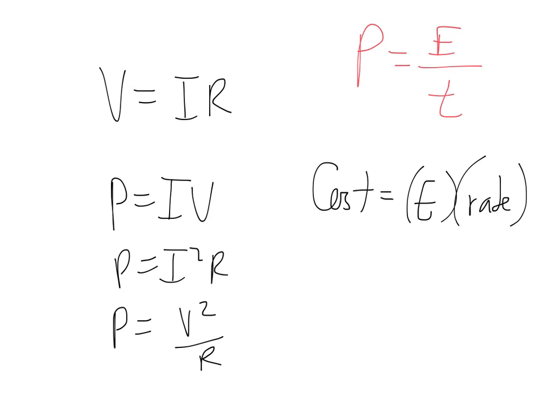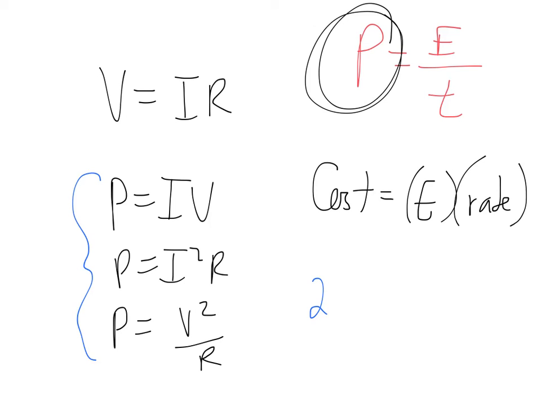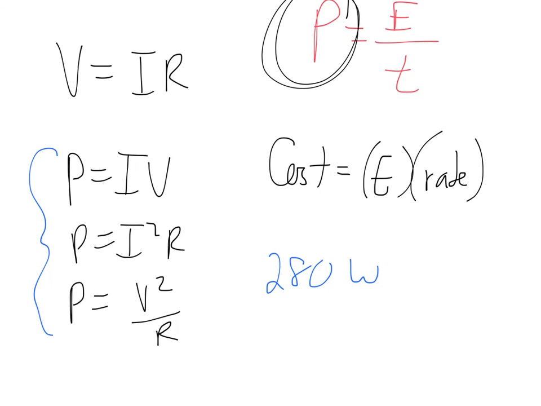All right, let's think about units real quick. If I'm doing a word problem and something is given in watts, power is always given in watts. So you might calculate the power with one of these three formulas. Say you get 280 watts as the power consumption of that appliance, and you want to know how much energy it uses. Well, you take that upper right formula and rewrite it as energy equals power times time.